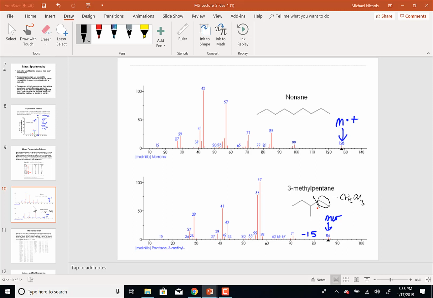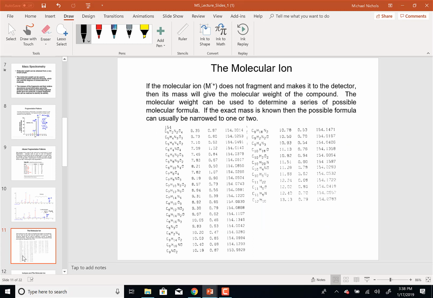But just from the molecular ion, just from the molecular weight, what could I get? Well, there are books of molecular ion masses. And this one's from the spectroscopy book I had as an undergraduate in circa 1984.